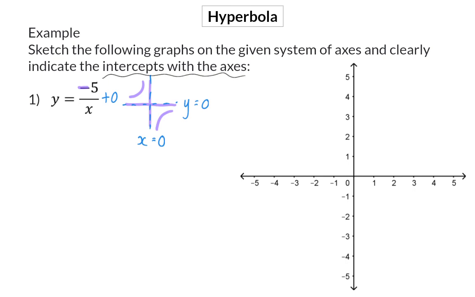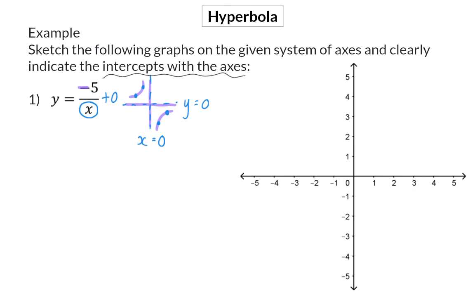We can now see that this graph will not intersect the x or y-axis, so there are no intercepts with the axis to indicate. Therefore, we can choose which coordinates we want to indicate, and I prefer to indicate 2 coordinates on each part of this hyperbola. To determine these coordinates, I'm going to choose x values that can easily be substituted into the equation.